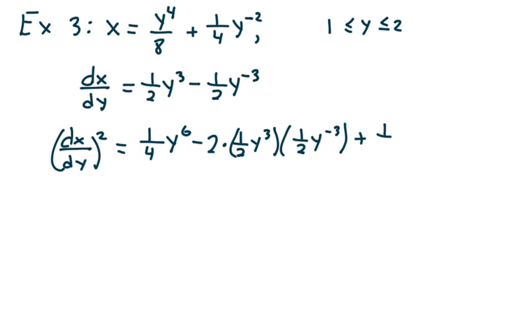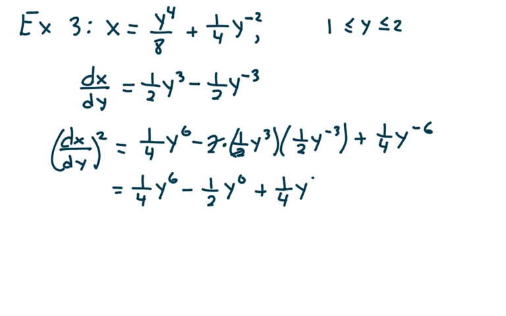And then I'm going to add 1/4 y to the negative 6. So this is 1/4 y to the 6. The 2's cancel, and I get minus 1/2 y to the 0, right? 3 plus negative 3 is 0, plus 1/4 y to the negative 6. But remember that y to the 0 is 1. So something to keep in mind.